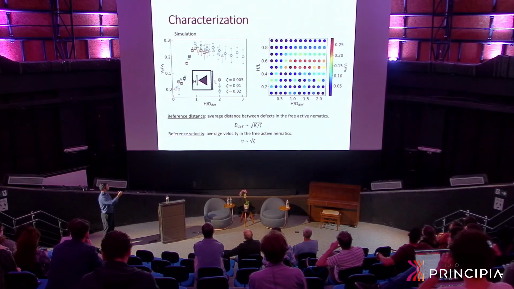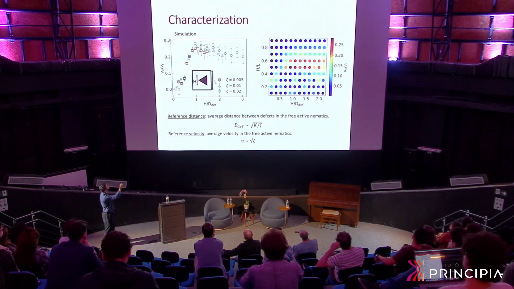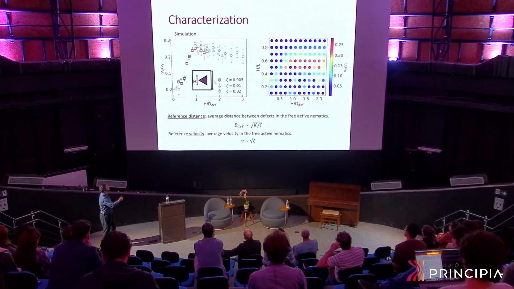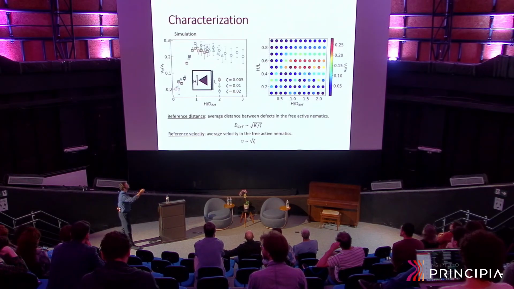For this figure, we kept the cell size constant and changed only the obstacle side, the triangle side. So we saw this optimal size for this cell size. And in this second one, maybe I was quick, but we also changed the cell size, which is called L here.